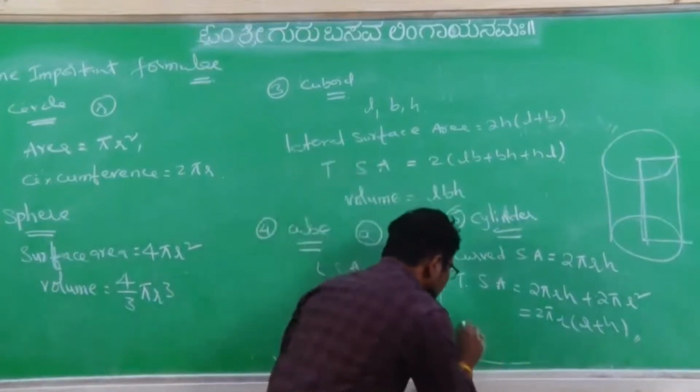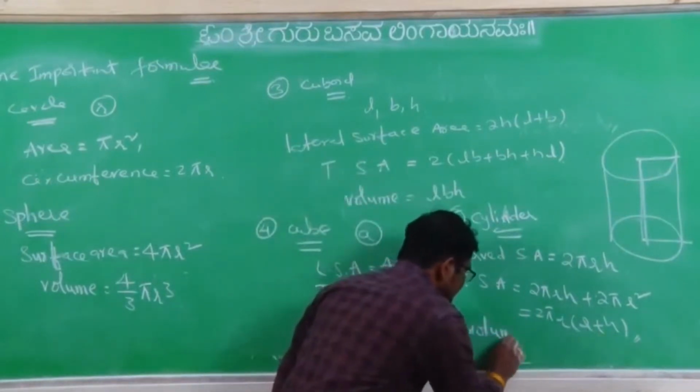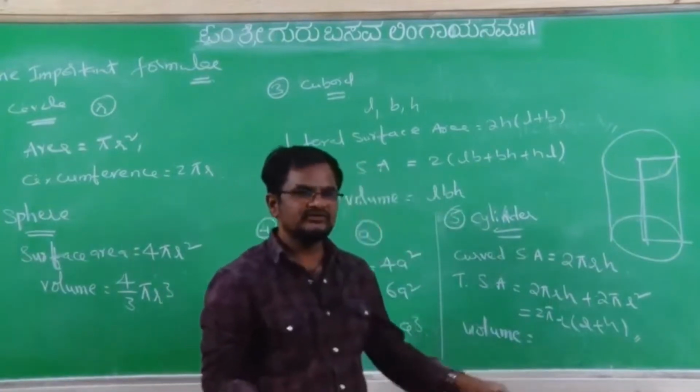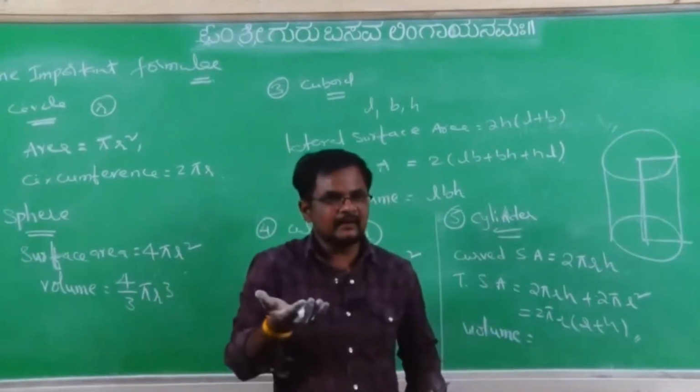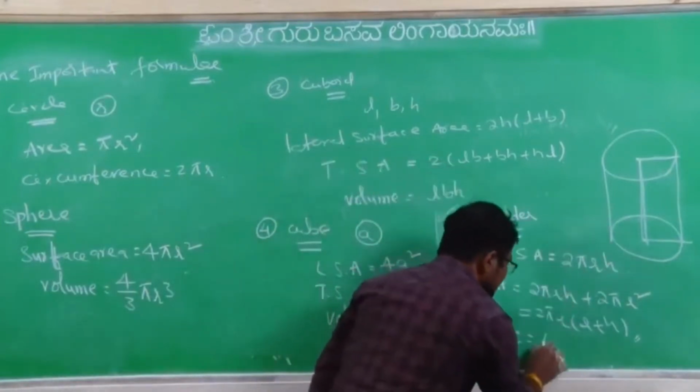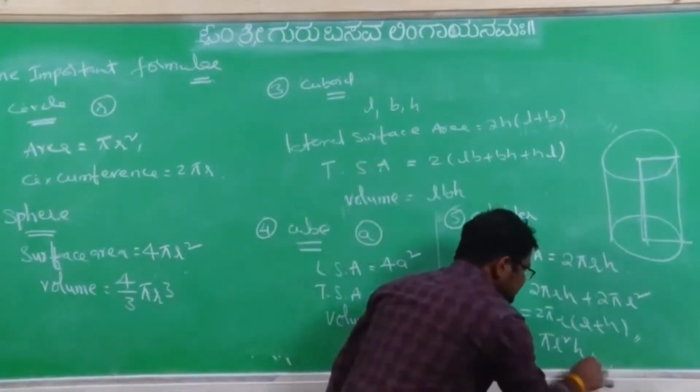Next, volume. How to define volume? Base area into height. Base area is the circle, pi r square, times h.